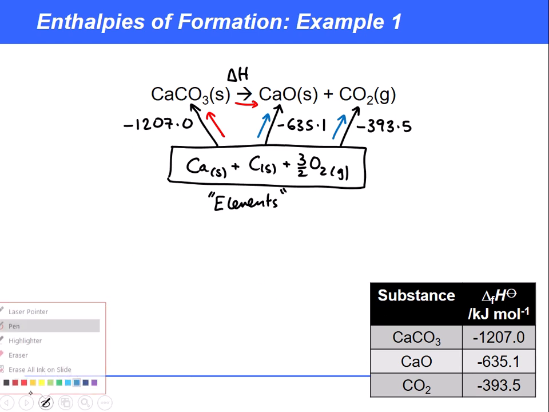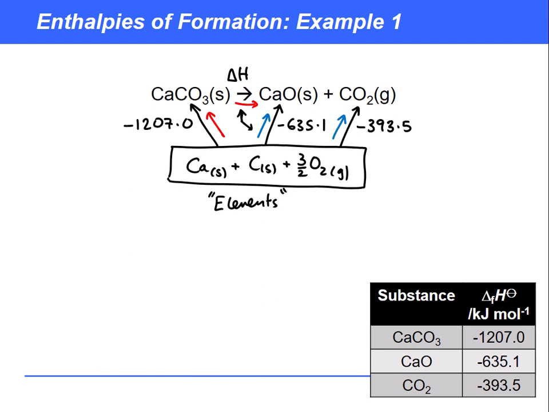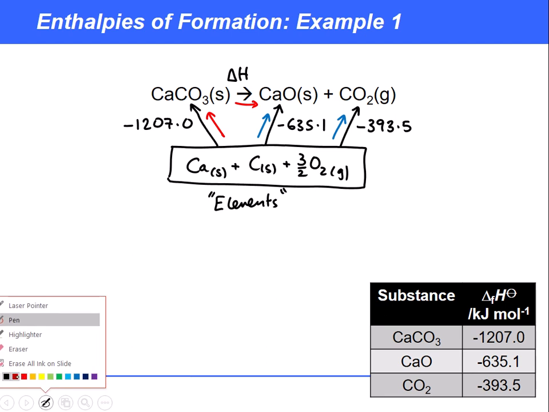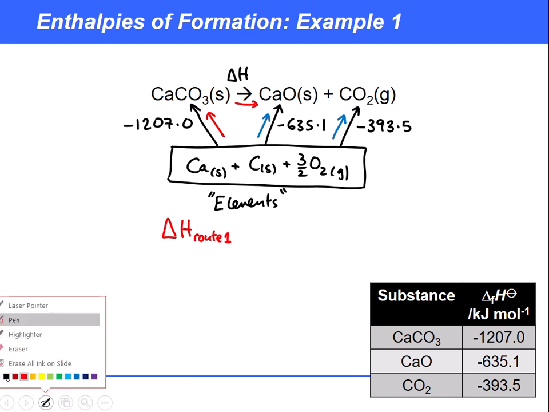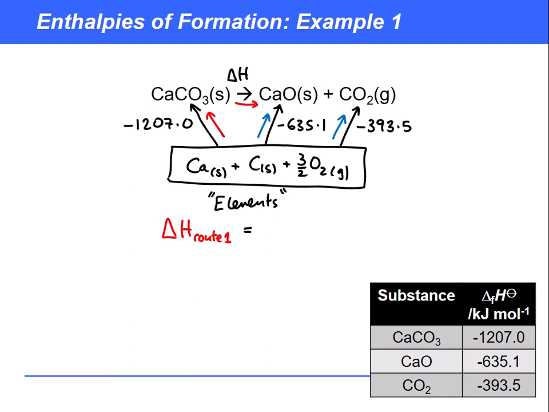And just like last time, we see that if we had a clock in the middle here, then the blue arrows have got the anti-clockwise sense and the red arrows have got the clockwise sense. So we're going to state here delta H route 1 is equal to delta H of route 2.